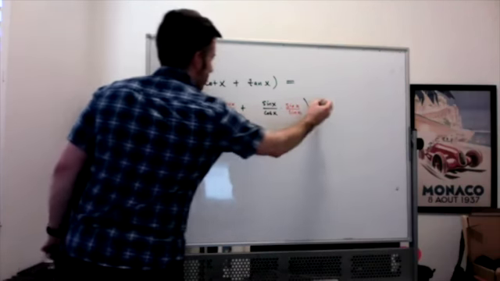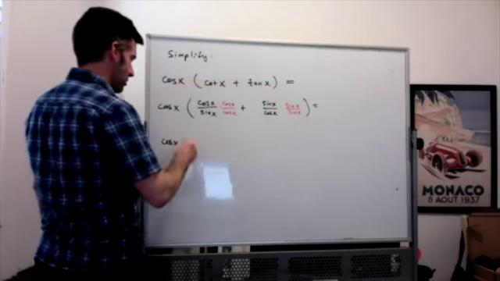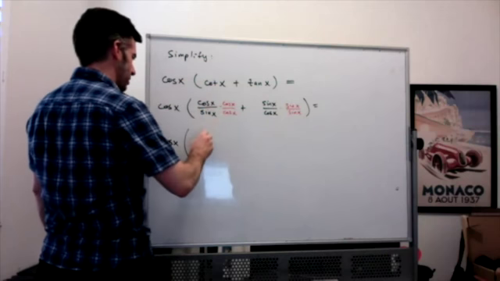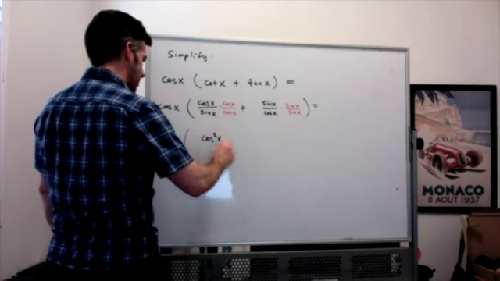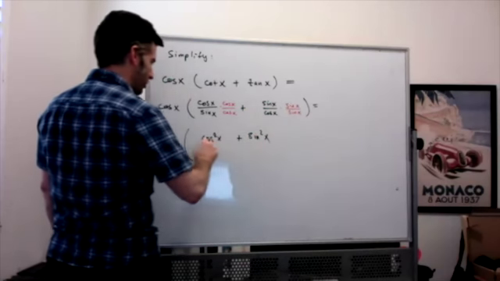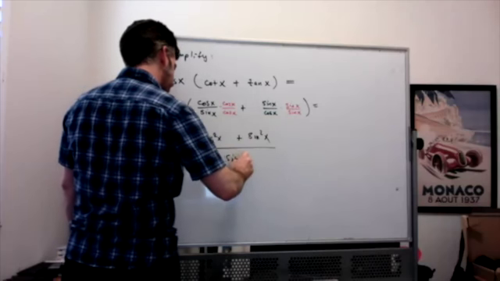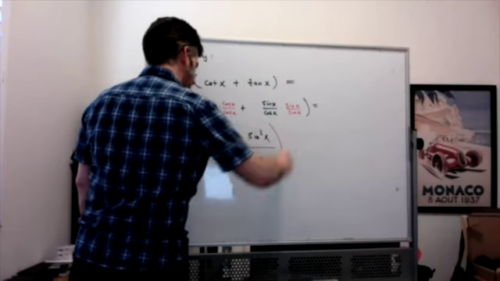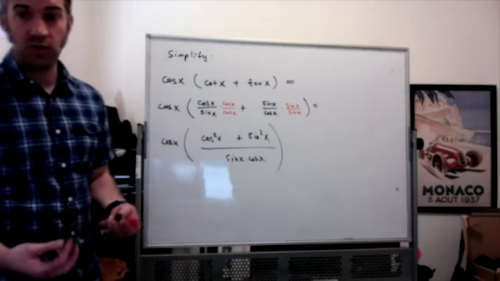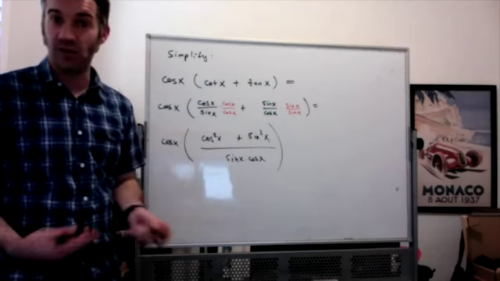So what do I get? I still have this cosine x out in front. I don't want to distribute this in. Cosine times cosine is cosine squared x. Sine times sine is sine squared x. And they do have the common denominator of sine x times cosine x. Now I can use the identity that cosine squared x plus sine squared x is equal to 1.